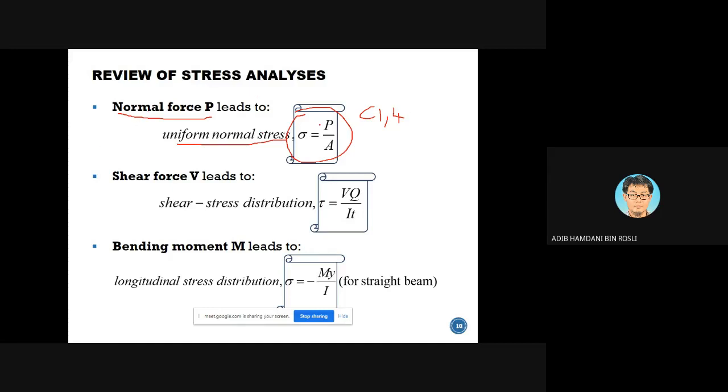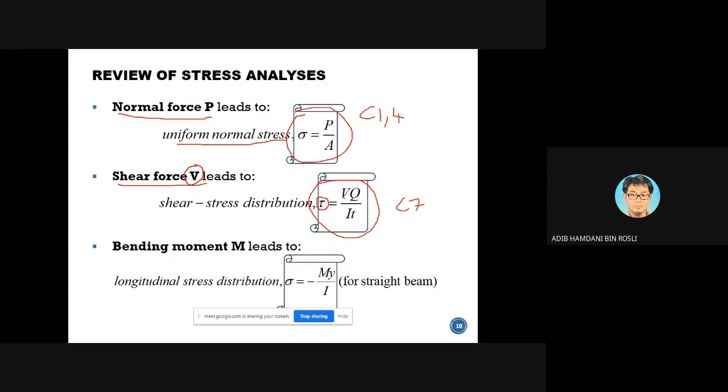But basically, it is the same. You see this formula, sigma equals P over A, and this is uniform normal stress. And then how about shear force V? What will shear force V do to the section? You learn this in chapter 7 about the transverse shear: due to the shear force V, you will have the shear stress tau.